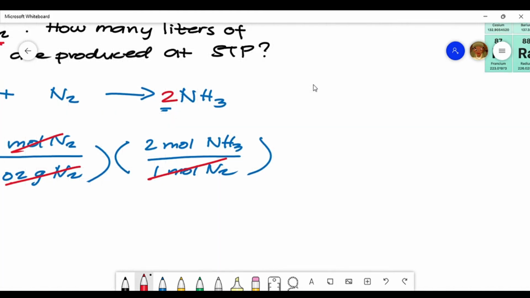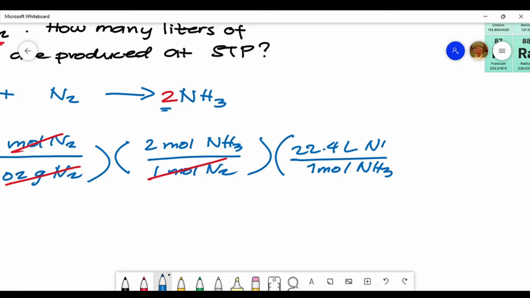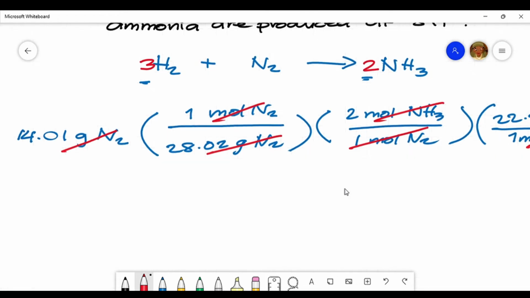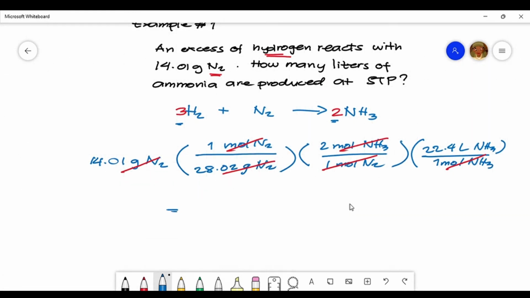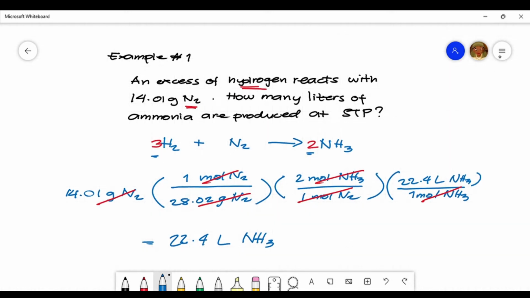So we have a fixed value of 22.4 liters in 1 mole of NH3. Then we cancel the units. So the final answer would be 22.4 liters of ammonia.